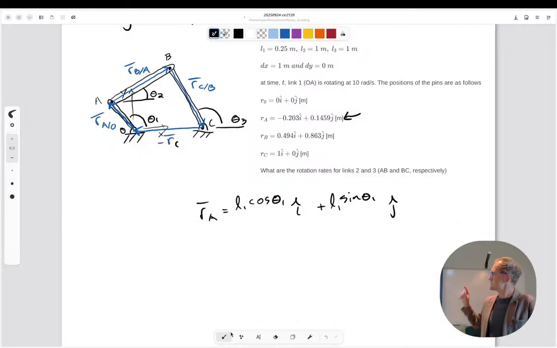So if I take negative 0.203 divided by L, that is cosine theta. And if I take 0.1459 divided by L, that is sine theta 1, sorry.